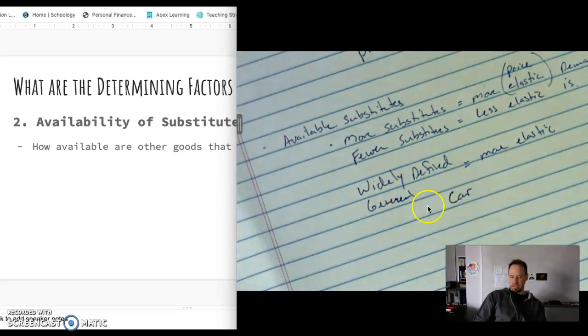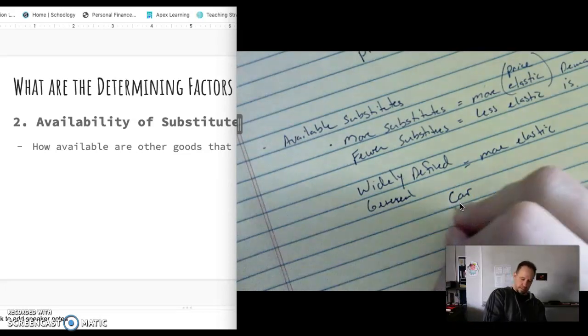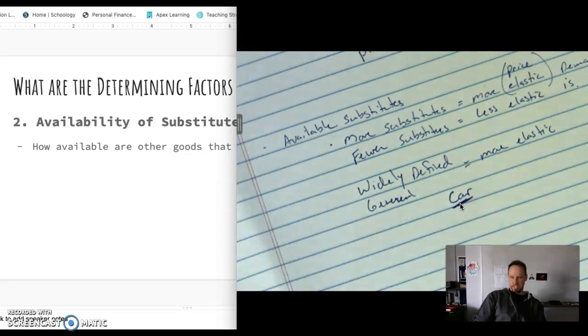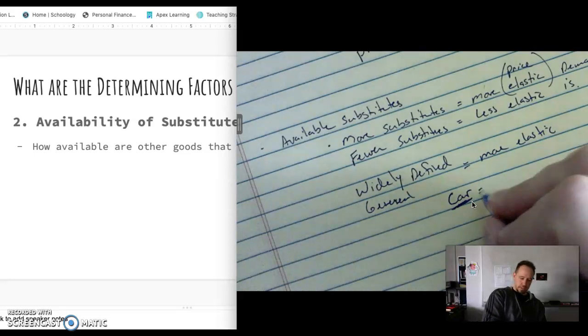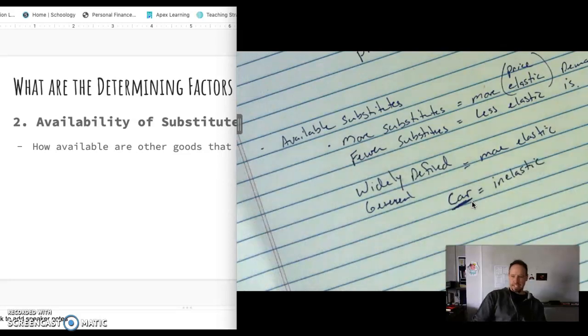There's all kinds of different cars, different sizes, coupes, sedans, brands, you name it. But there are not a lot of substitutes for a car. So demand for a car is probably going to be generally inelastic. Not a lot of good substitutes for personal transportation other than a car.